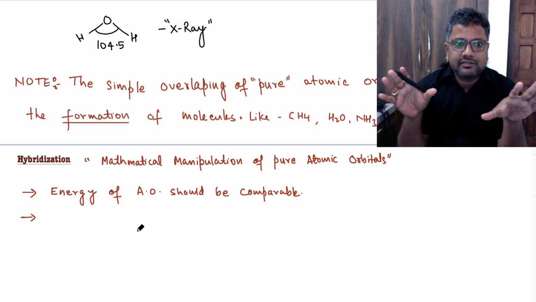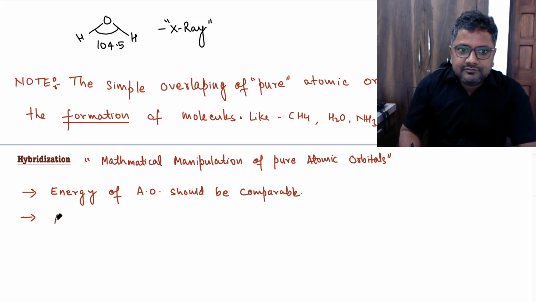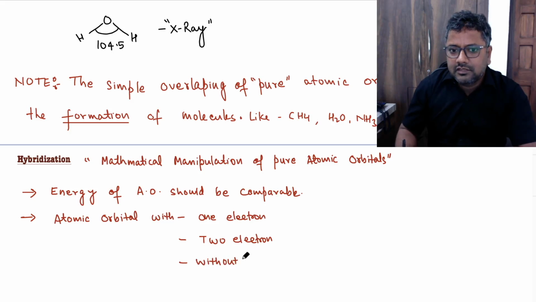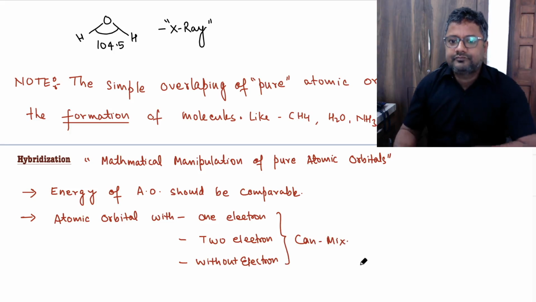But here there is no restriction, meaning an atomic orbital with one electron, with two electrons, or without electrons can mix, right?